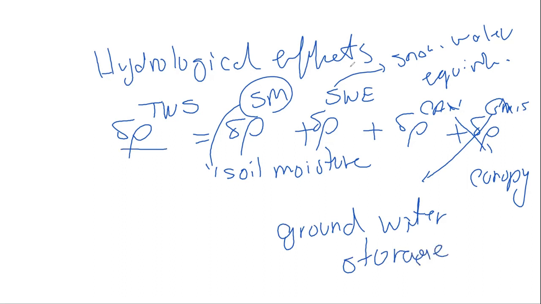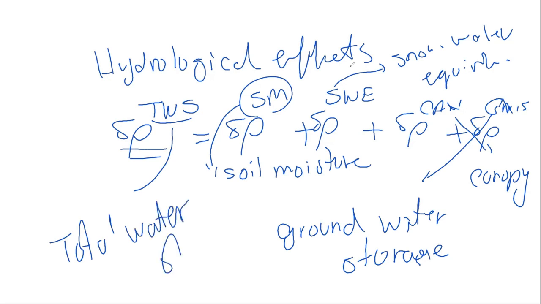So the total water storage is a summation of different density changes: the soil moisture, snow water equivalent, canopy, and groundwater.